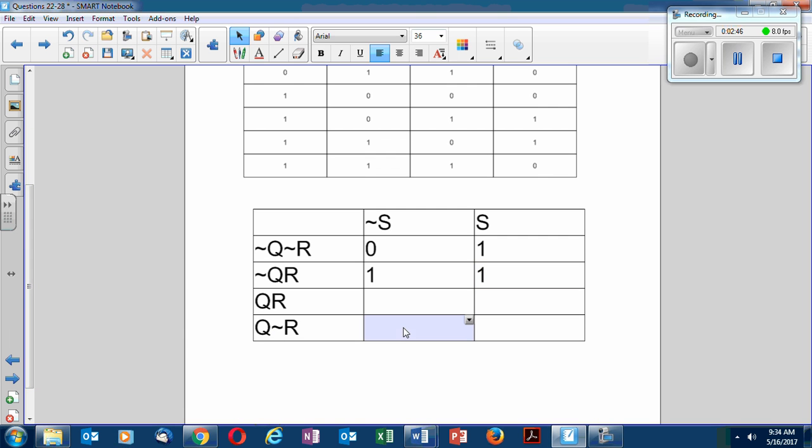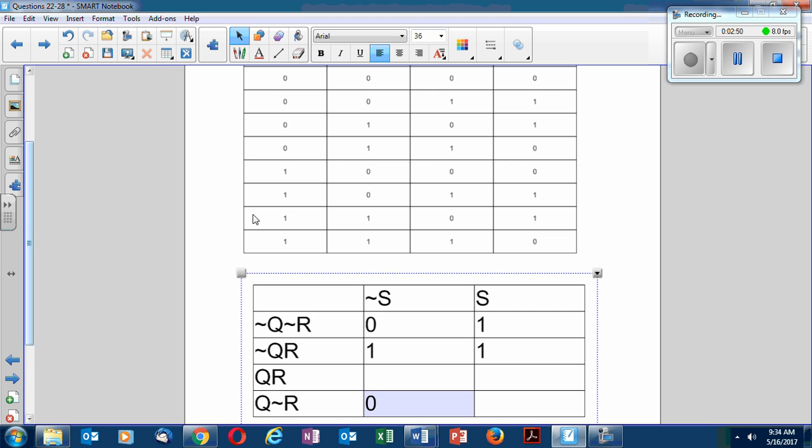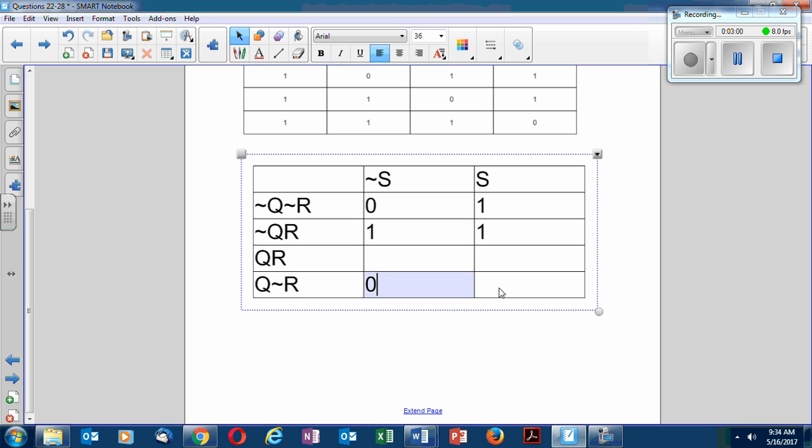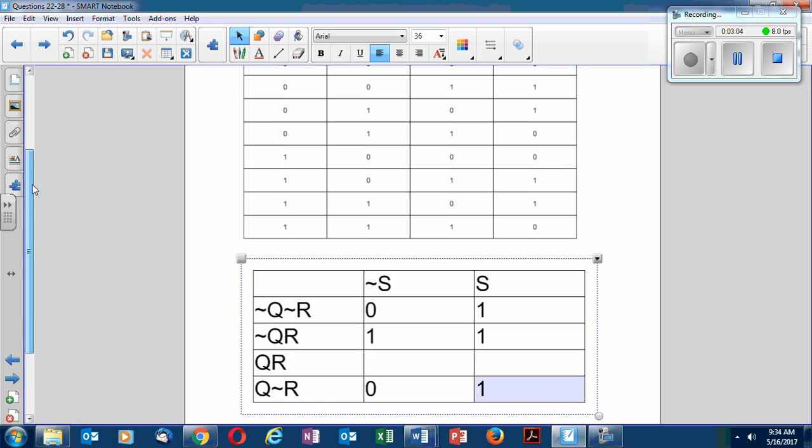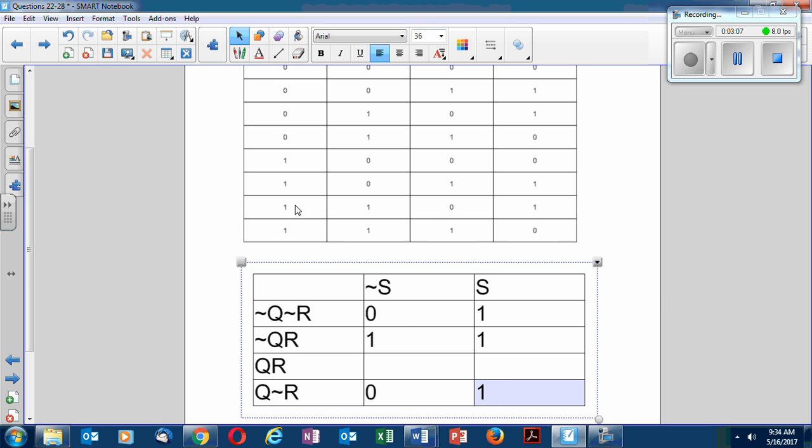Well, this one is Q, not R, not S, and this is a 0. Okay, so next one is Q, not R, S, and that one is a 1. The next one I have is Q, R, not S, that's a 1. It goes right here. And Q, R, S is a 0.